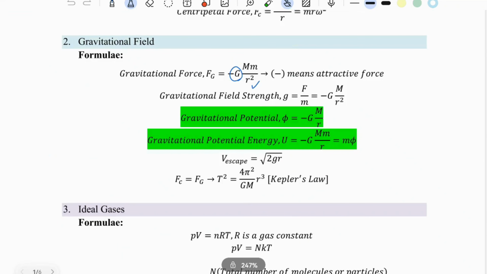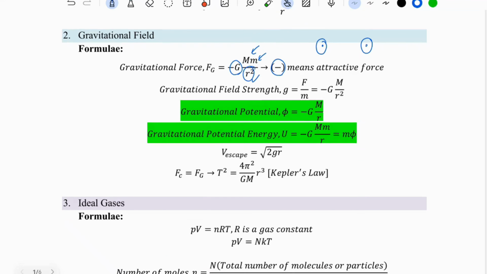Then we have M, which is the mass of a planet, and the small letter m is the mass of another planet. Then r squared is basically the distance between the center of one planet to the center of another planet. Don't forget to square. Okay, negative means attractive force.